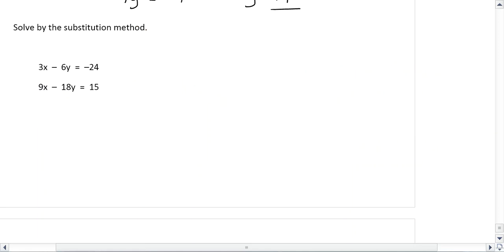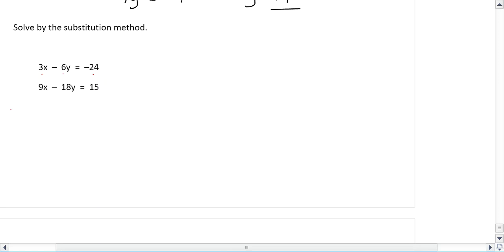Now looking at this next example, I want to remind you of something that you did learn in Algebra 1. If you make the observation that all these numbers in this equation are divisible by 3, you can do that. You can make these coefficients a little easier to work with.